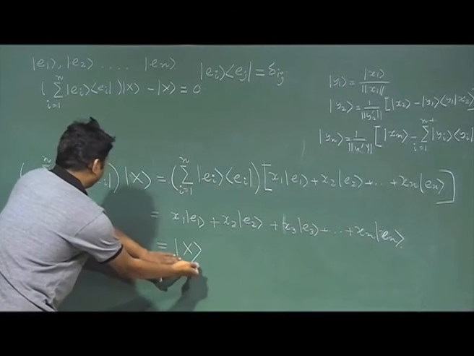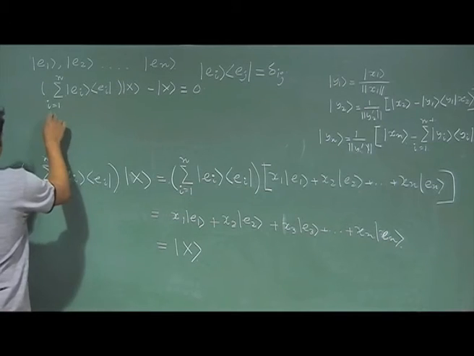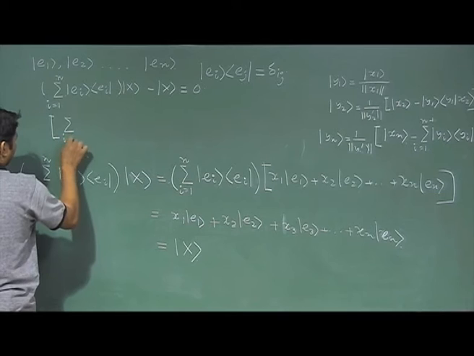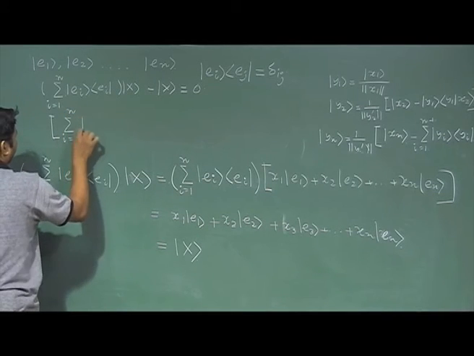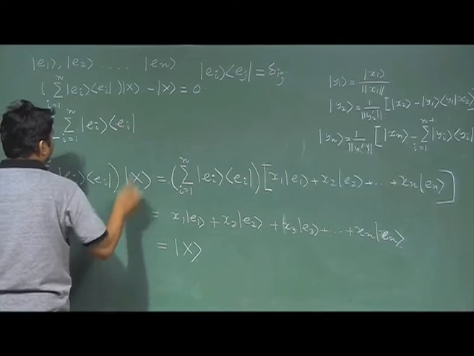I take this x to this side, and my equation is something like this. From here we can write a very important expression which is essential in quantum mechanics also.